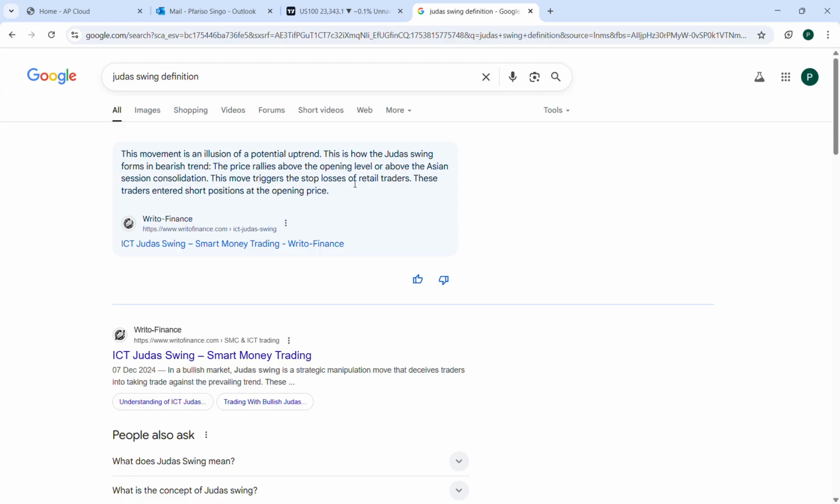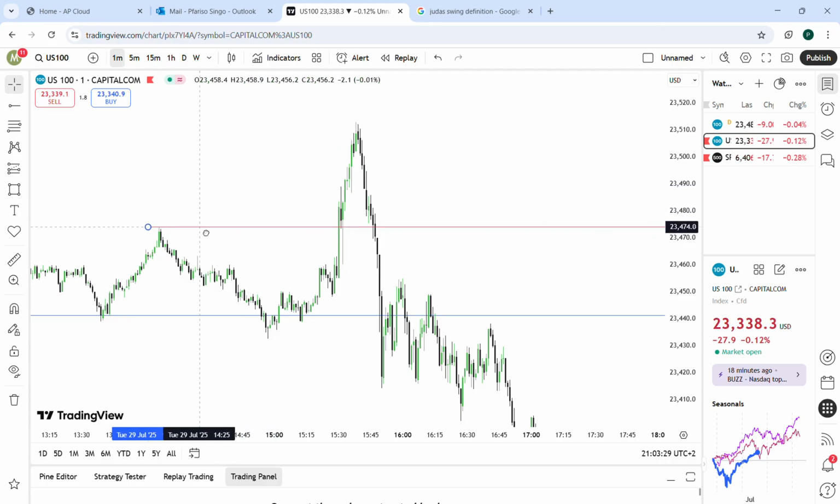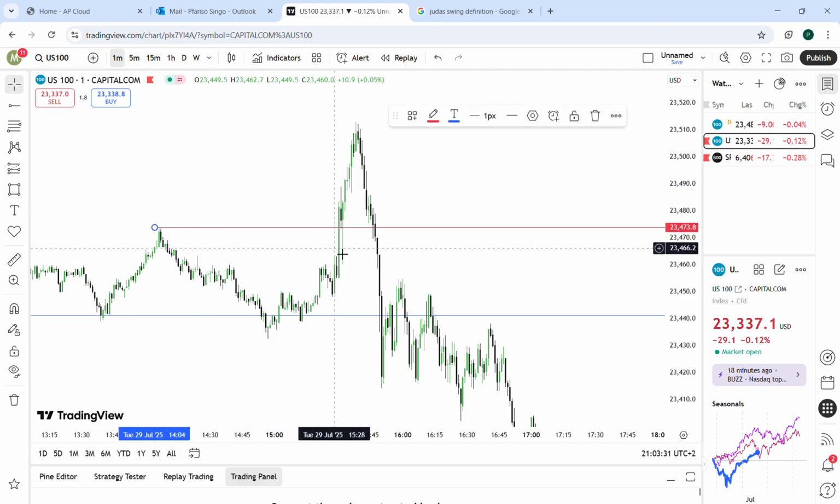This move triggers the stop losses of retail traders who entered short positions at the opening price, right? So this move here at the opening price rallied higher, inducing people to think this is buying. In other terms, it's selling.